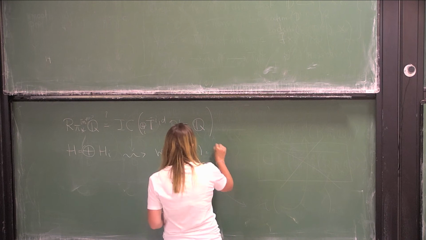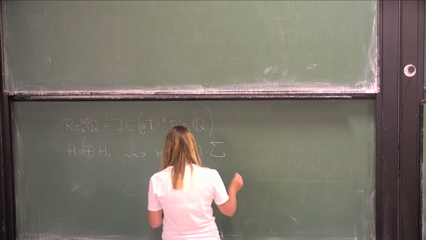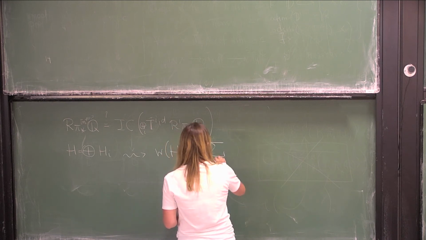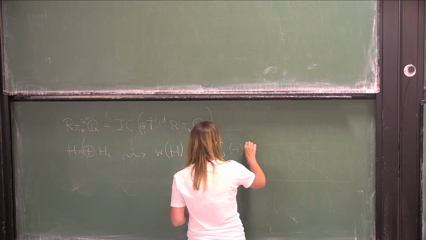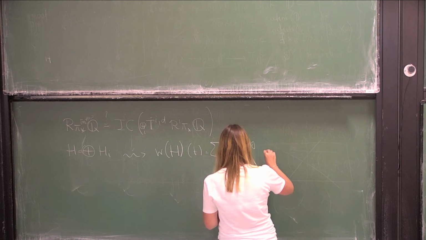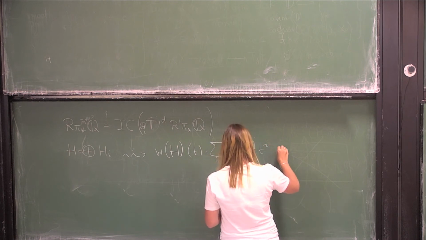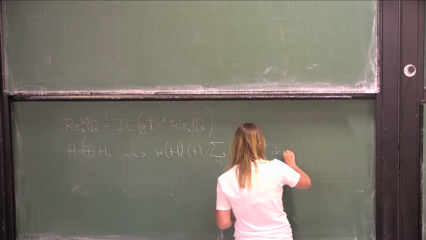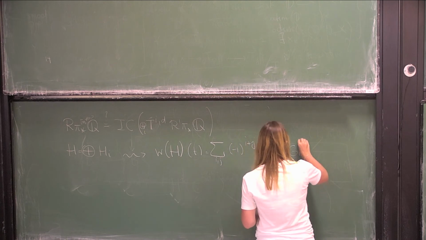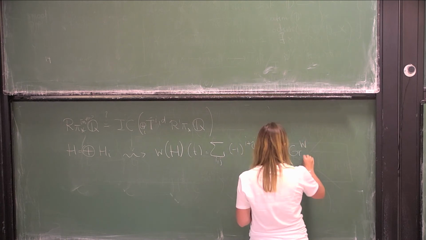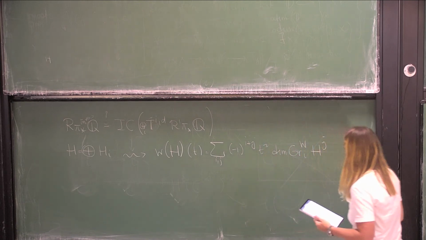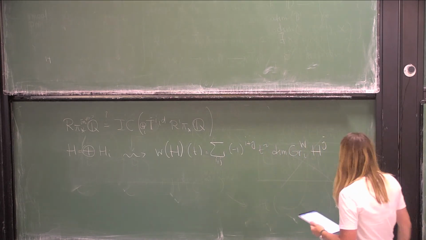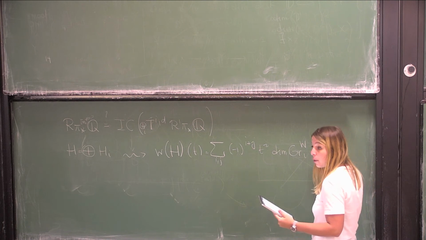So you can define this weight polynomial as the sum over i and j of minus 1 to the power j times t to the i, times the dimension of the graded pieces of the filtration W on H^j. And this is a polynomial with integer coefficients.